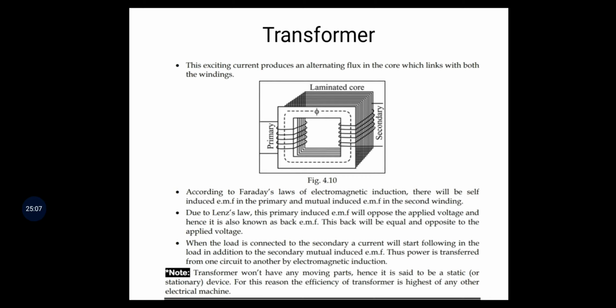The exciting current produces an alternating flux in the core which links both the windings.